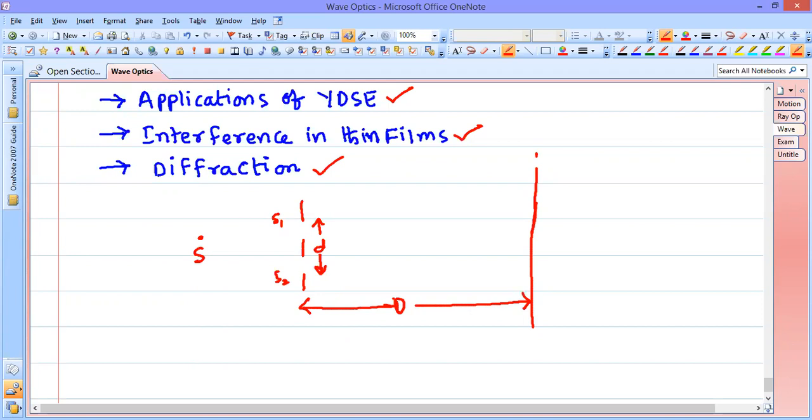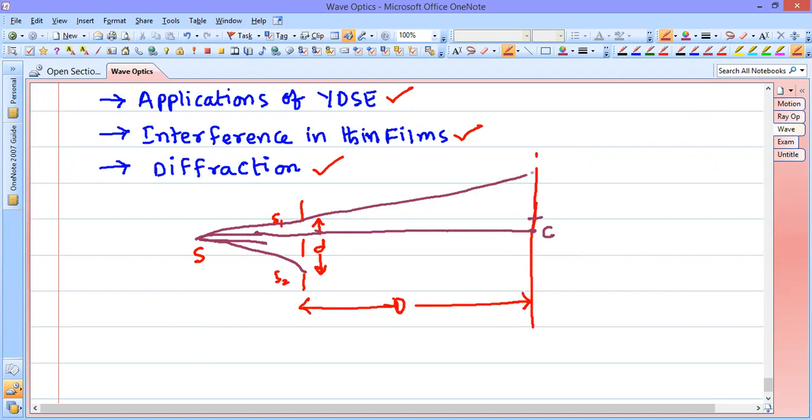Whenever the light rays pass through the middle between the slits, the light ray will be undeviated. This is called the central fringe. Thereafter, the light rays will get diffracted and then superposed.